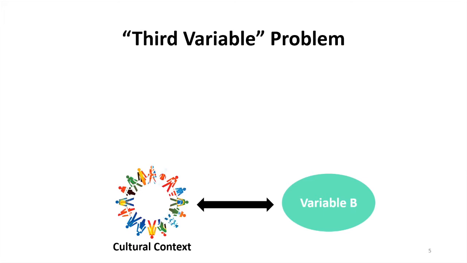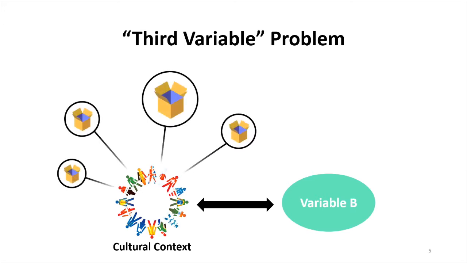Now, when we talk about culture as a package and unpacking culture, what we're referring to is this third variable problem, meaning that cultures are made up of many different pieces, right? Different norms, different values, different beliefs, practices, foods, context, right?